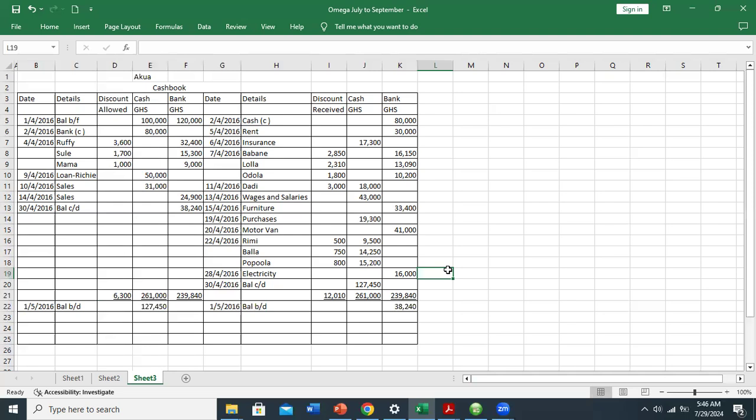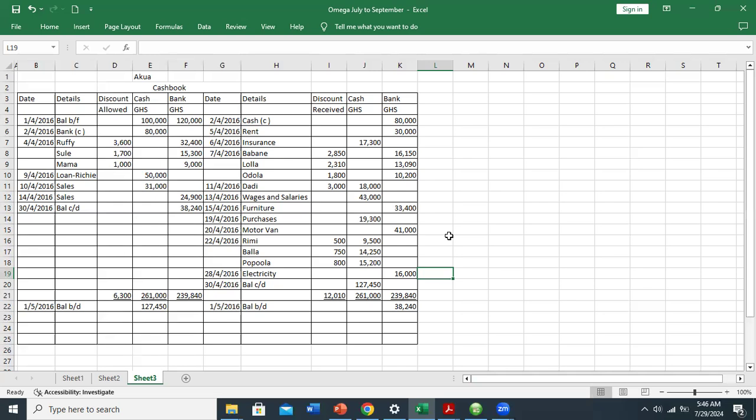So let me quickly review. Always make sure to calculate the discount and deduct it from the gross figure to get the net figure to put under the bank or cash columns. When you are done and you are doing the balancing, get the totals, get your carry downs. And like I said, cash will never have a credit balance.